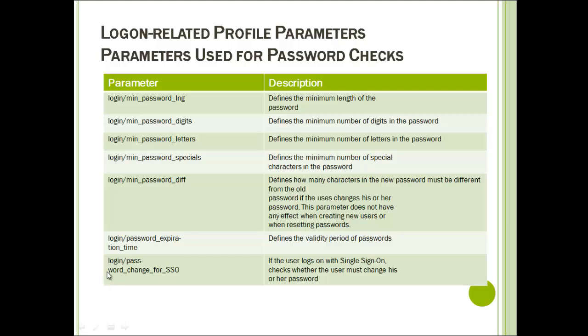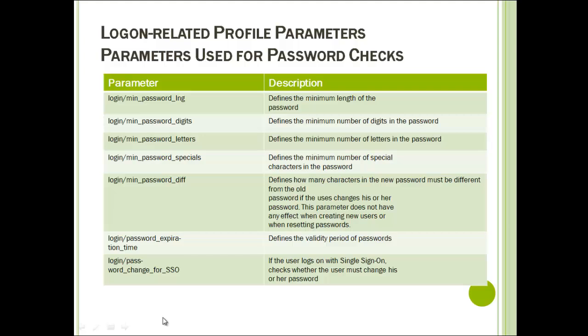The next parameter is login password change for SSO. This is for single sign-on, a topic we have not discussed so far. Let's say your system has single sign-on, SNC enabled. For example, you have a PKI card. Using your private key card, you are logged into the system, or any kind of single sign-on solution which you are using.